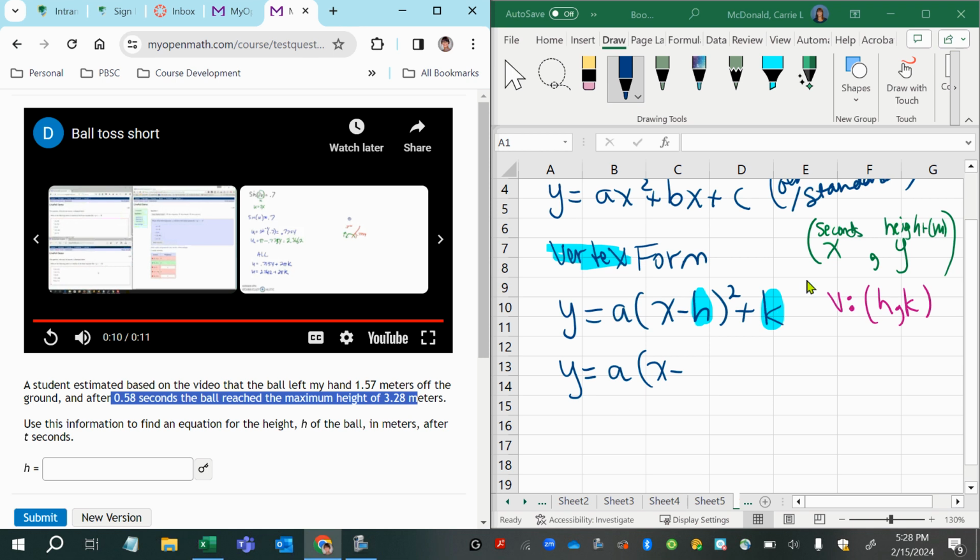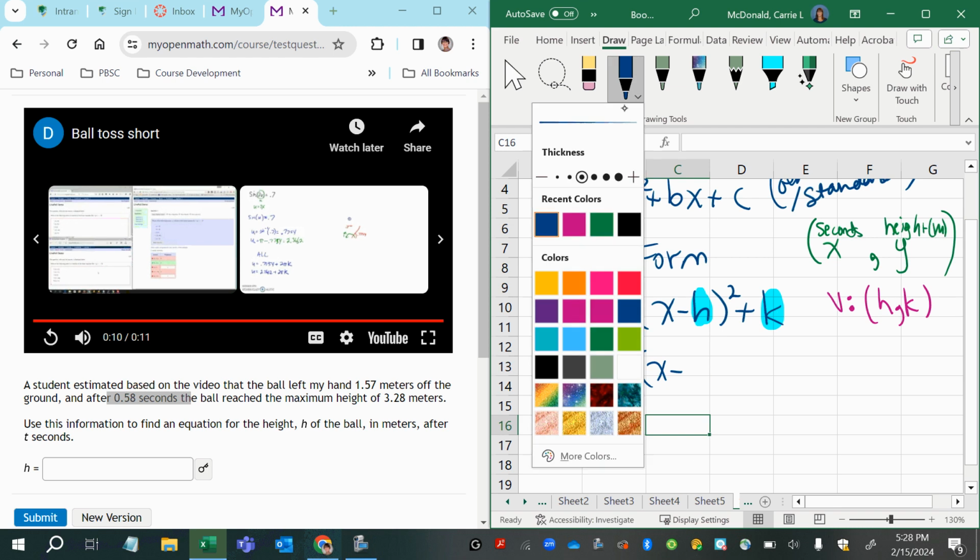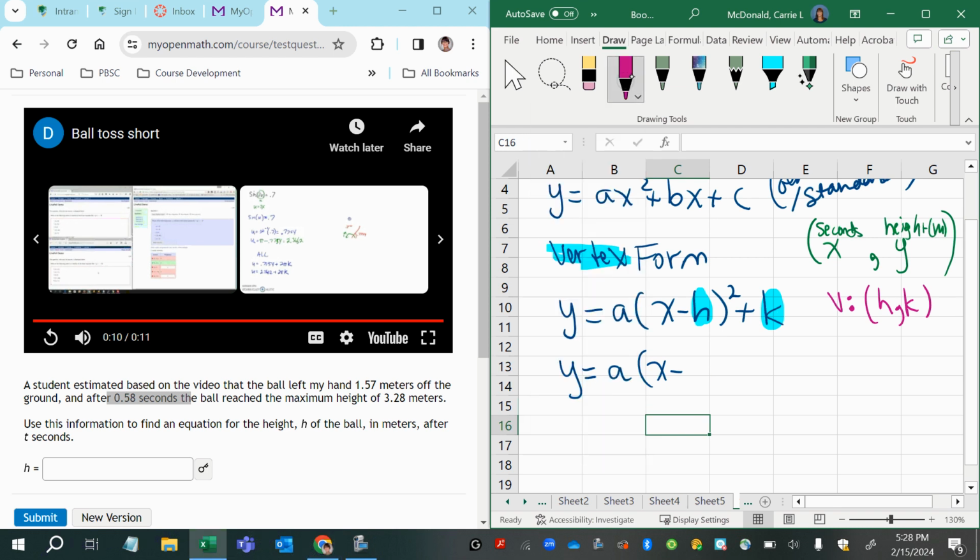Remember, because we're using seconds as the input, the first coordinate is going to be seconds, so the h here will be seconds. It's not the same thing as the height that we were looking at before. So we're going to look at the seconds as the h of our vertex, so that's 0.58 seconds, replacing the h in the vertex formula.